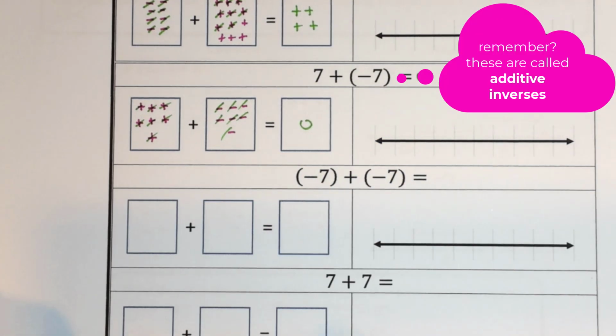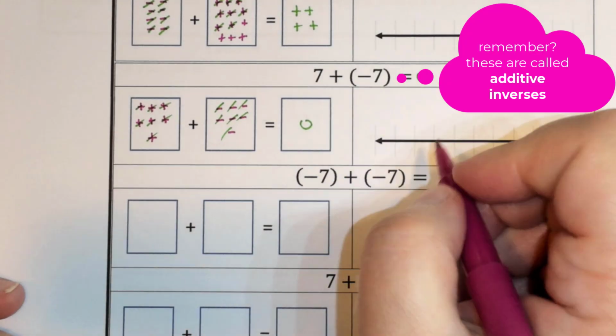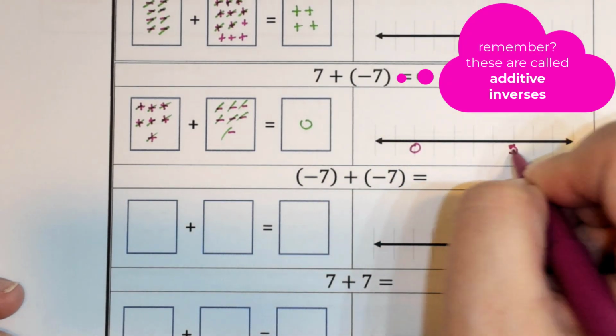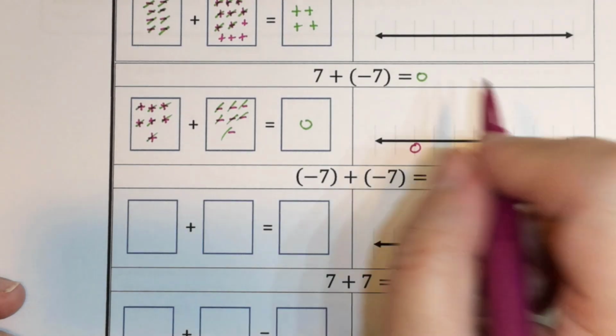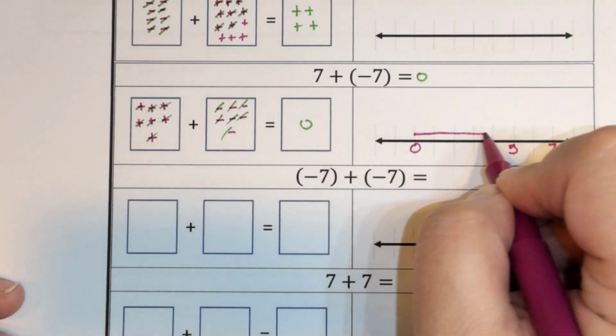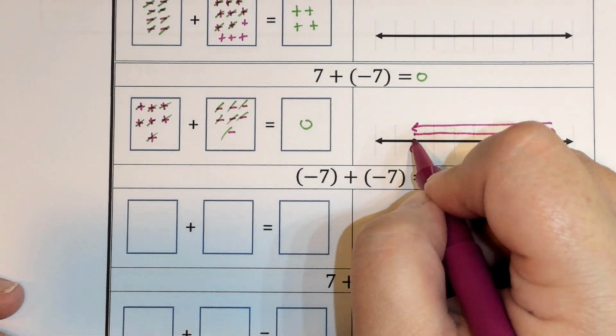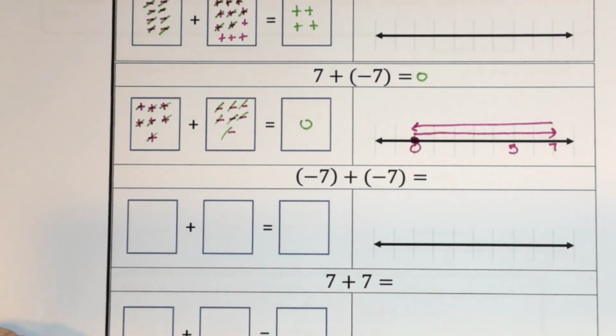I am going to do that one here. Okay. So I had 7 and I added to it 7 negatives. And I end up right at 0.